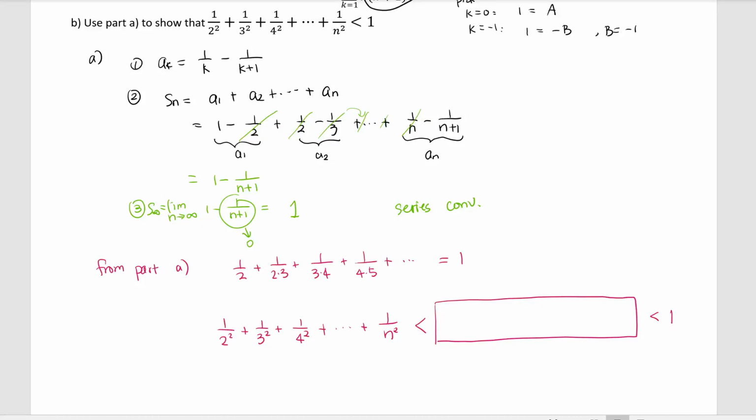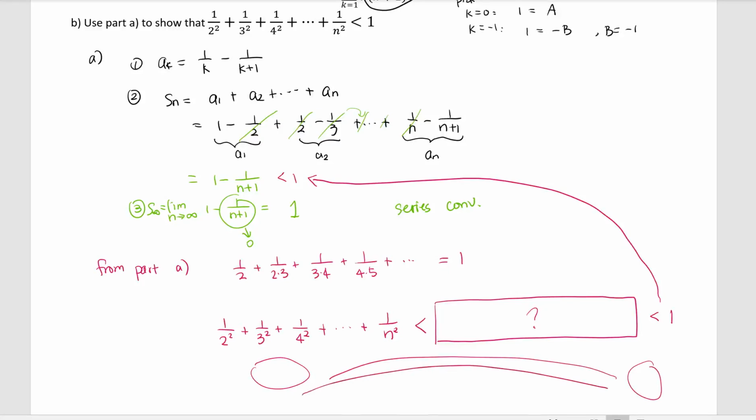You can see this limit is 1, but actually the partial sum is less than 1. It's just approaching 1 when n goes to infinity. So what do we want to put here? This is like a bridge, right? You have one island, you have another island, you want to build a bridge between them.